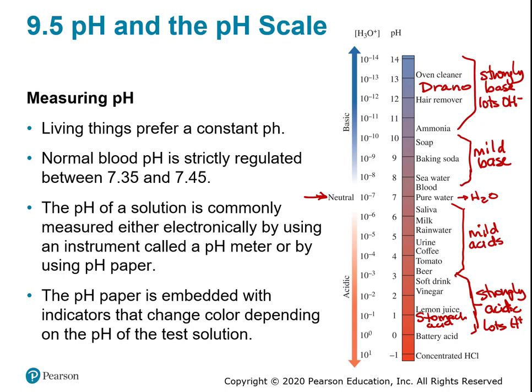So you can kind of think of things of 0 to 3, strong acids, 10 to 14, strong bases. But everything that's closer into that 7 range, they tend to be mildly acidic or basic, depending on which side of 7 they are in.